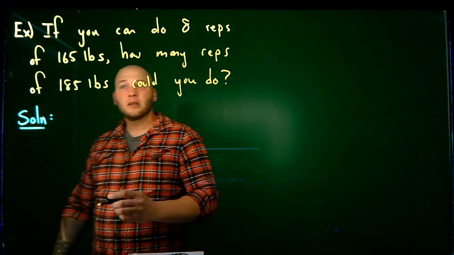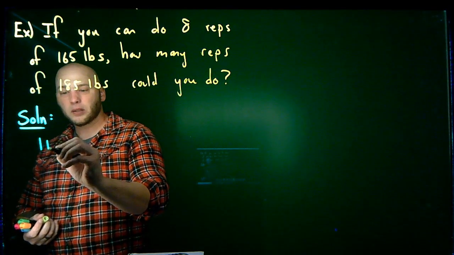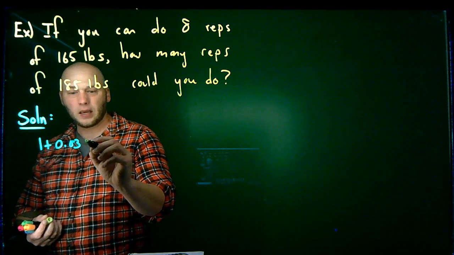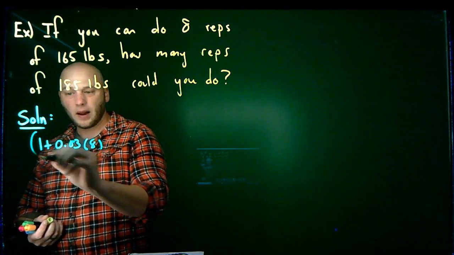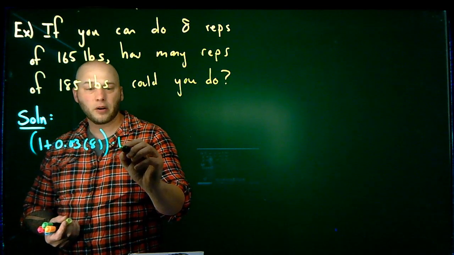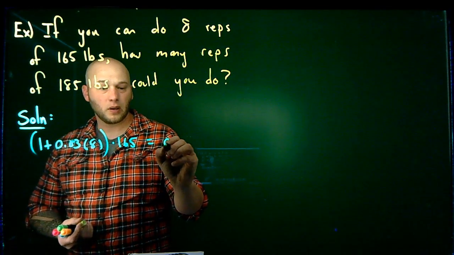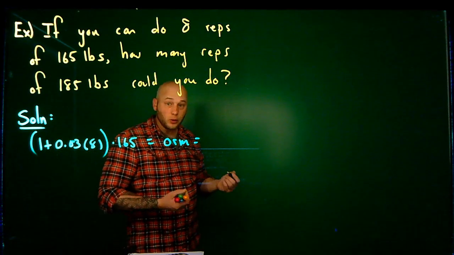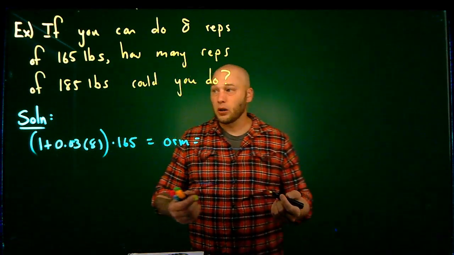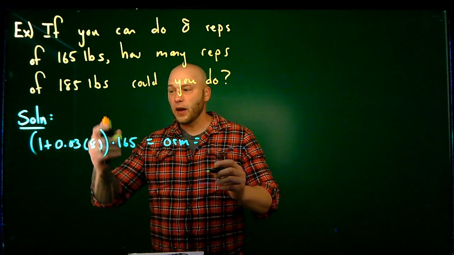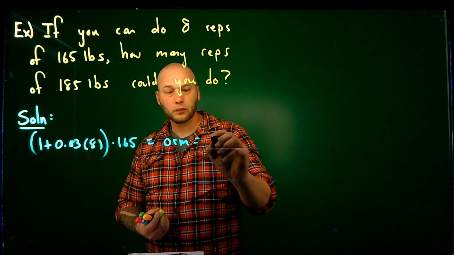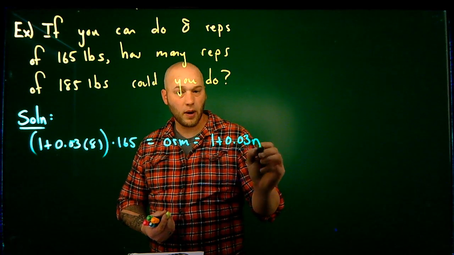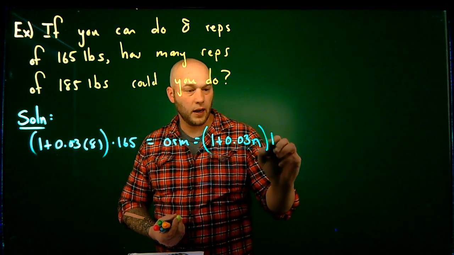The idea is that if I do 1 plus 0.03 times 8, and I multiply that by 165, that's going to give me my 1 rep maximum. But I also should get pretty darn close to the same 1 rep maximum if I did 185 pounds, 1 plus 0.03 times n, but I don't know how many reps yet, of 185 pounds.